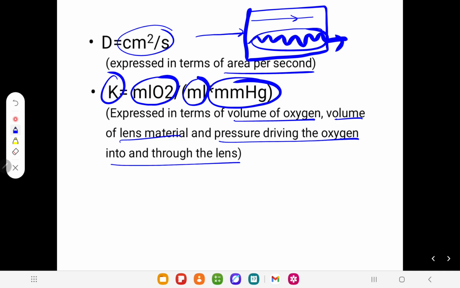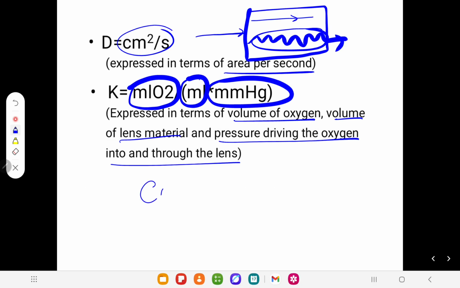So that's the unit. Just remember this unit, it is very important. Solubility coefficient means what mole of oxygen dissolves in what mole of material at what pressure. That's what K means.